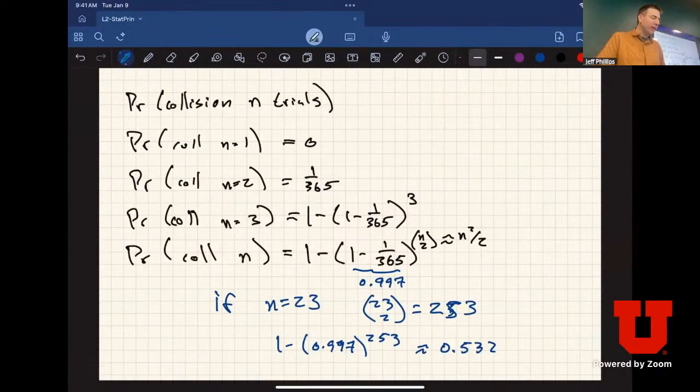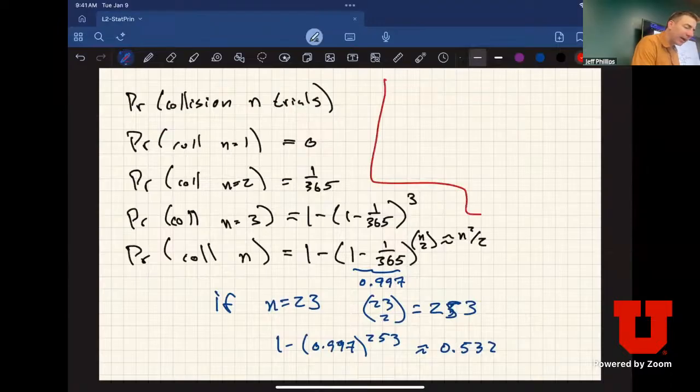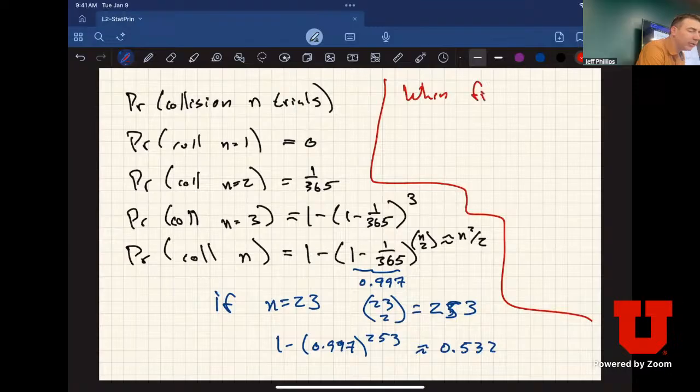One more thing I want to say about the birthday paradox. How many trials until we expect to have our first collision? I'll skip to the chase here.